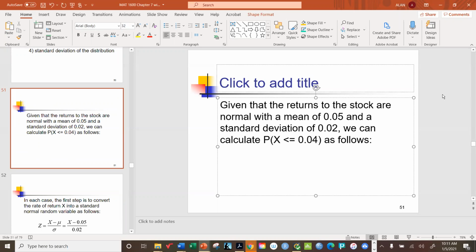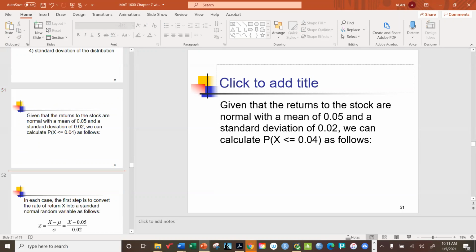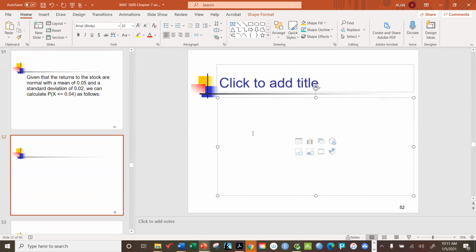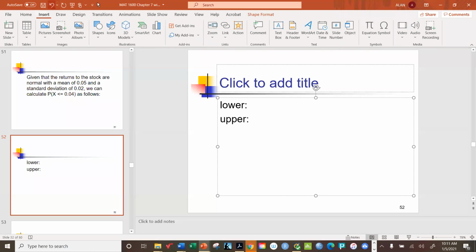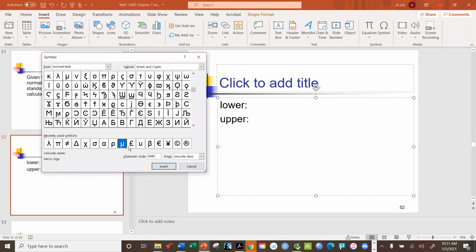So what you're going to do is if you go to normal CDF, you'll notice it's going to ask you for 4 things. Okay, so it's going to ask you in this order: lower, upper, the mean, which you'll see is the symbol mu right there.